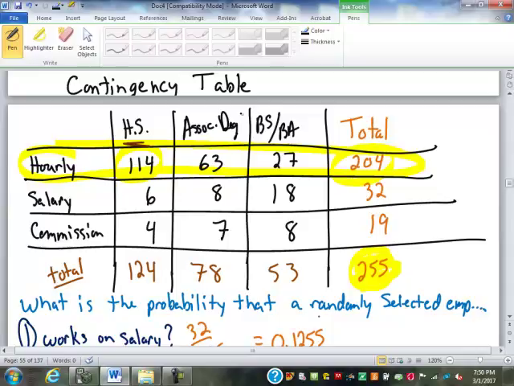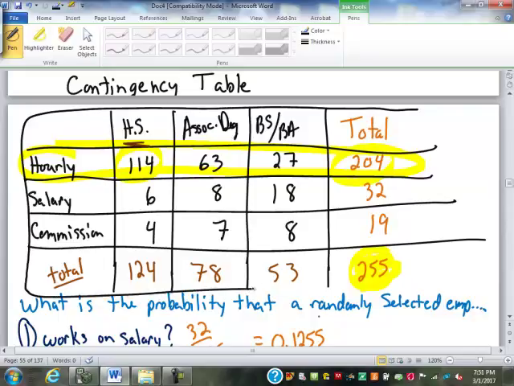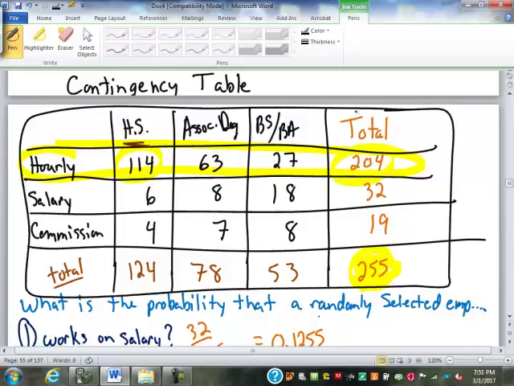If this were a formal statistics class, and thankfully it's not, there are actually calculations you could do to see if there really is a relationship between the two variables, if the level of education actually does affect how they get paid at their job. And there's a lot of things you can do with these tables.